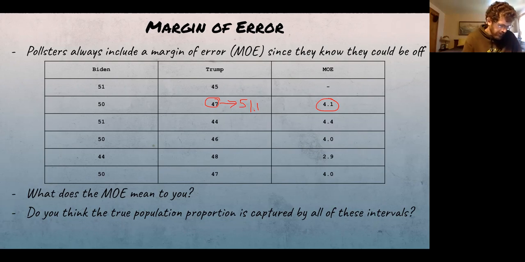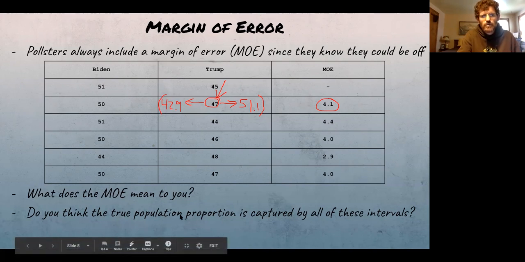It also wouldn't be unexpected, according to this poll, if 42.9% voted for Trump. So they're pretty sure it's going to fall in this range, somewhere between 42.9 and 51.1. Their actual point estimate is right here, 47, but is that where it's going to land? They're not saying that definitively. So yeah, the confidence interval is really this right here.